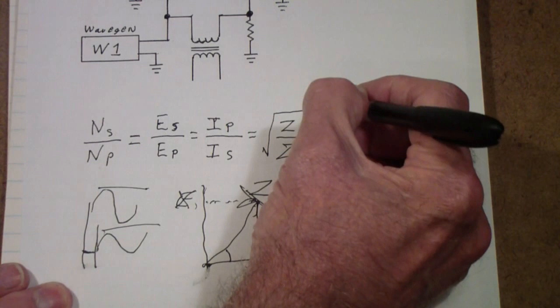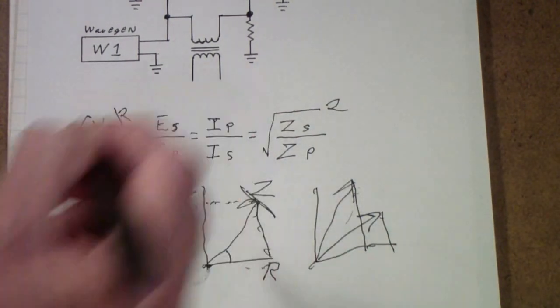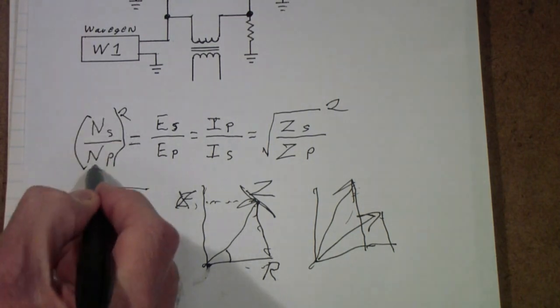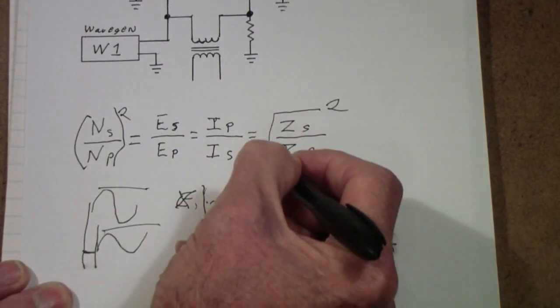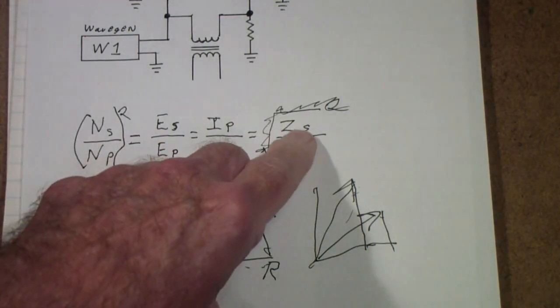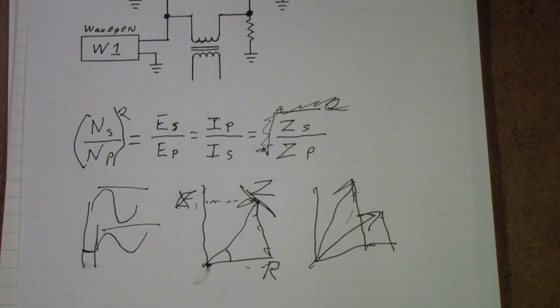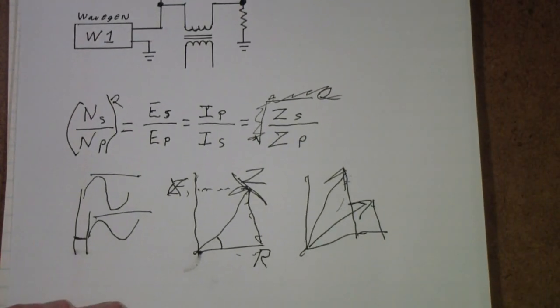If you square both sides of the equation, then you get the square of this equals, and then this disappears because of the squaring, equals the ratio of the ZS to ZP. So those were two things, and let's see, what was the third one?